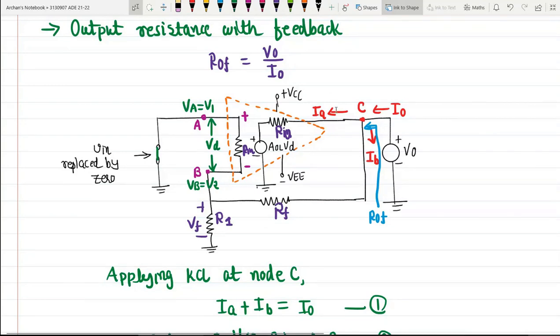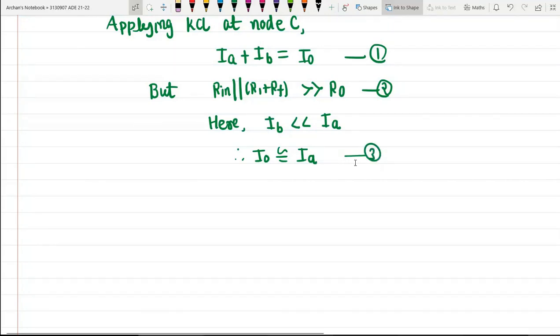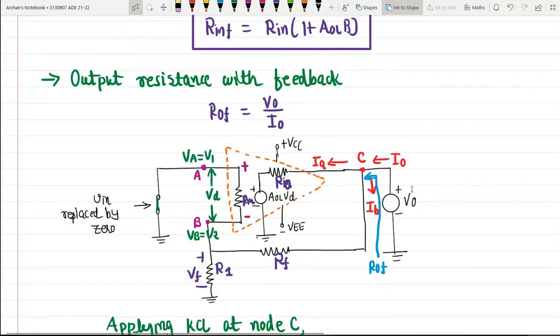So if we talk about the magnitudes of IA and IB, IB is very much less than IA. So ultimately we can say I0 is approximately equal to IA only. One can say the entire amount of current caused by this voltage source V0 is flowing in this particular direction.